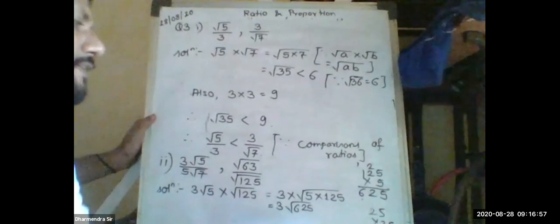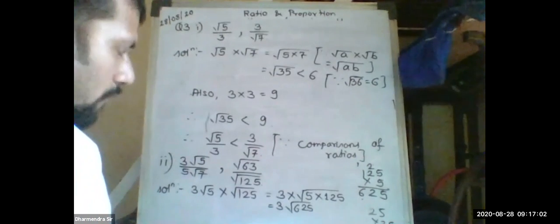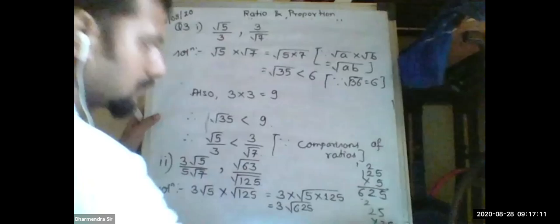Why are we bringing it in this form? Because we require the perfect square root. So 25 into 25. I will do it out. 25 into 25.